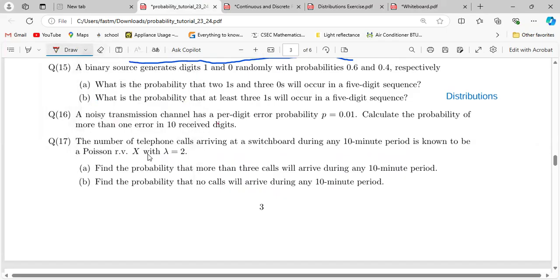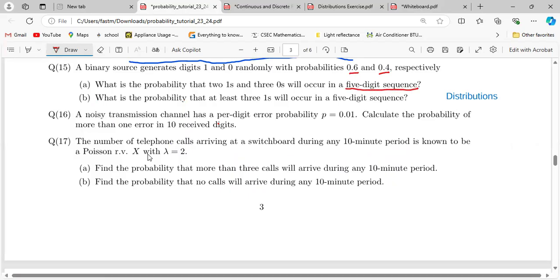You'll notice the wording is similar. A binary source generates digits 1 and 0 randomly with probability 0.6 and 0.4. So they give you the probability of success or failure depending on what your random variable is. They ask what is the probability that you get 2 ones and 3 zeros in a 5-digit sequence.